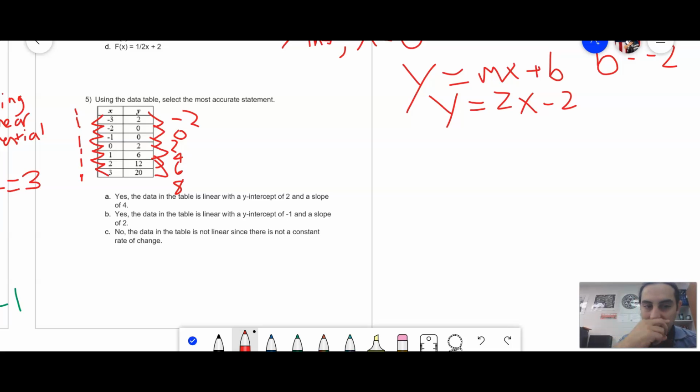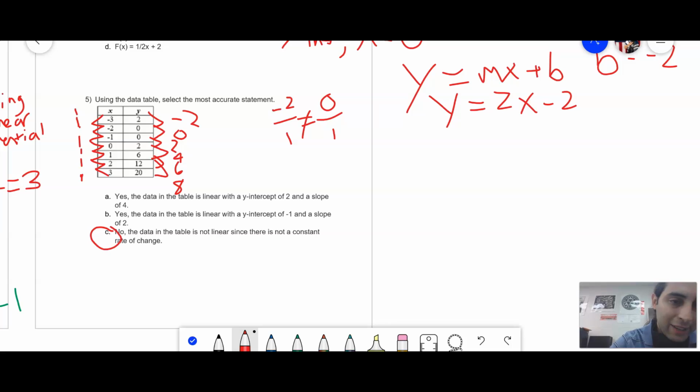Okay, now you tell me. Are these changes the same on the right and the same on the left? Well, on the left they're the same, on the right they're changing. So negative 2 over 1 is not equal to 0 over 1. They're not equal. So if the rate of change is not the same each time, then guess what?